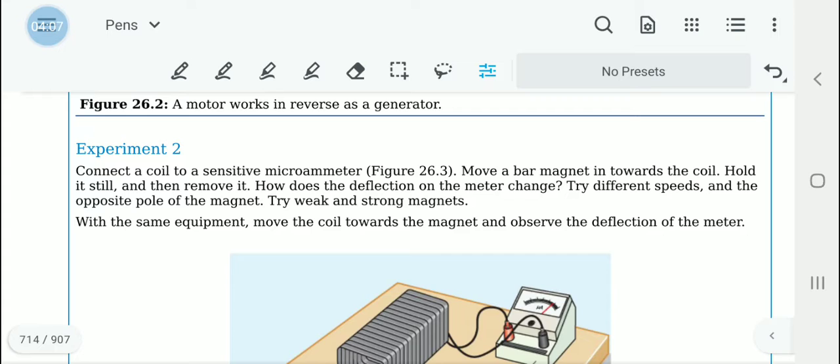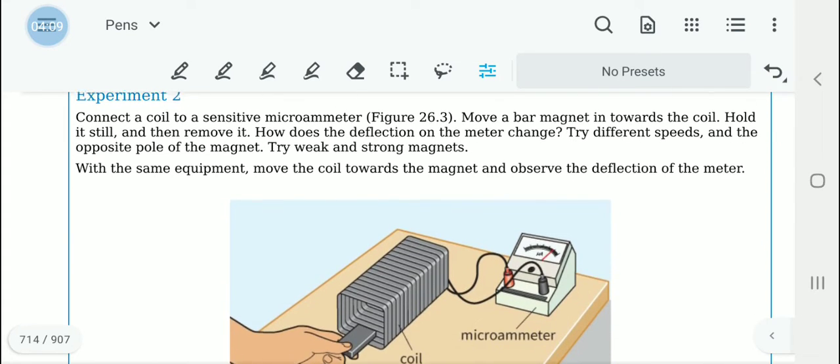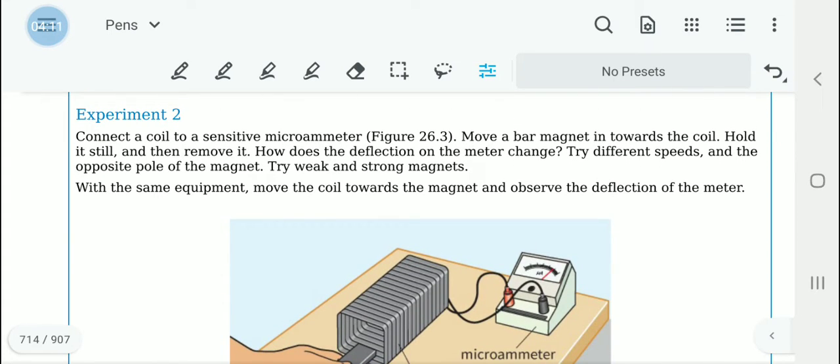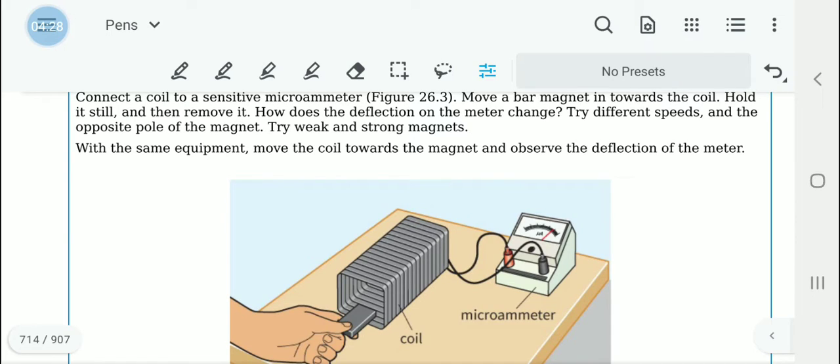Then this is another experiment. We use a sensitive microammeter and connect it to a coil, and then we move a bar magnet in towards the coil, hold it still for a moment, and then pull it back.